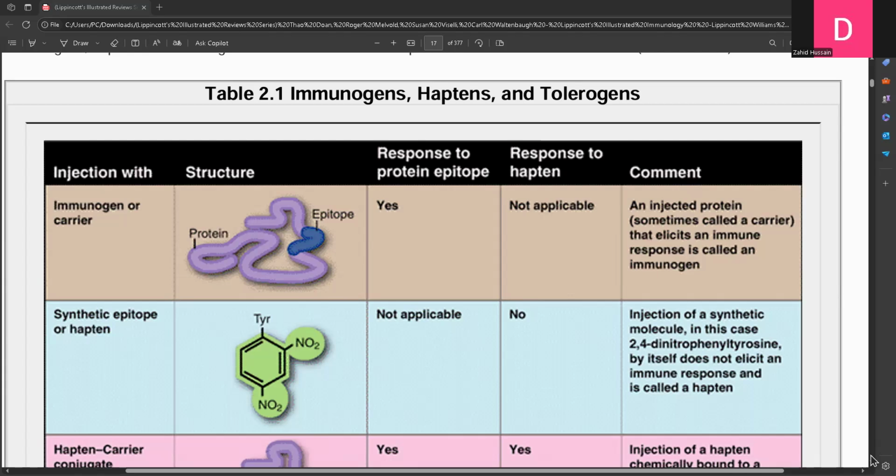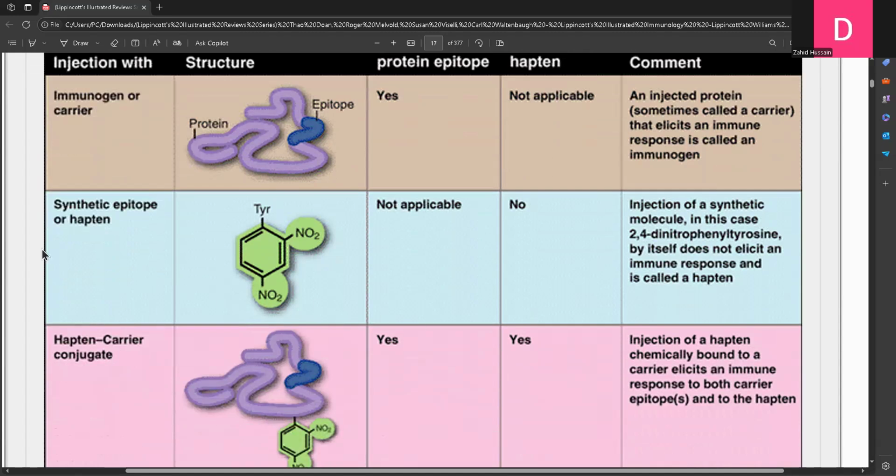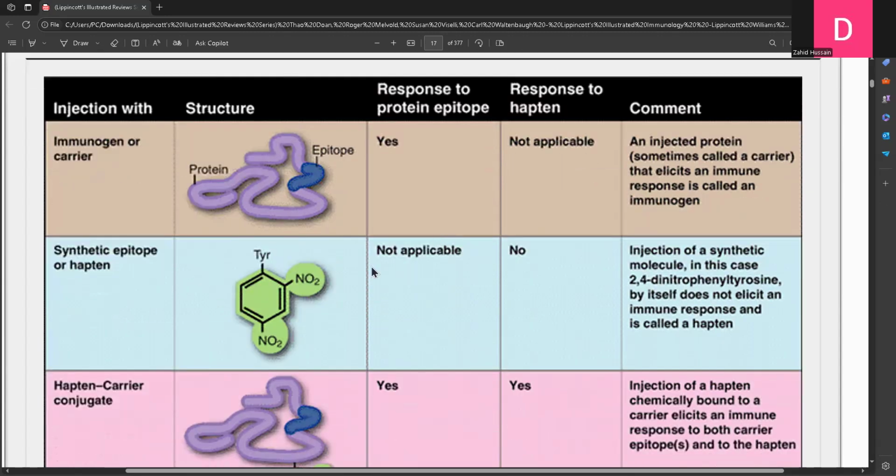Now the synthetic epitope or hapten. So we have this tyrosine with some chemical modifications. There will be no response against it, or the response to the hapten would be low.